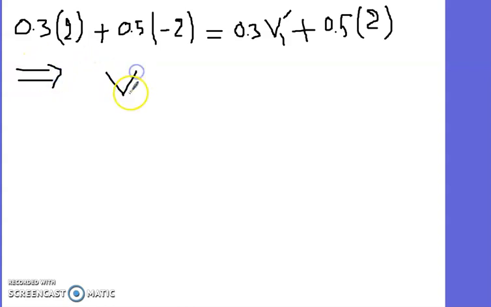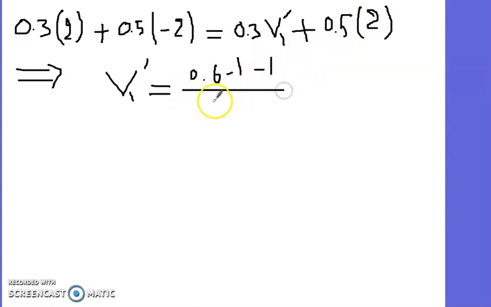We get V1 prime equals 0.6 minus 1, right? 0.6 minus 1 minus also 1 here.